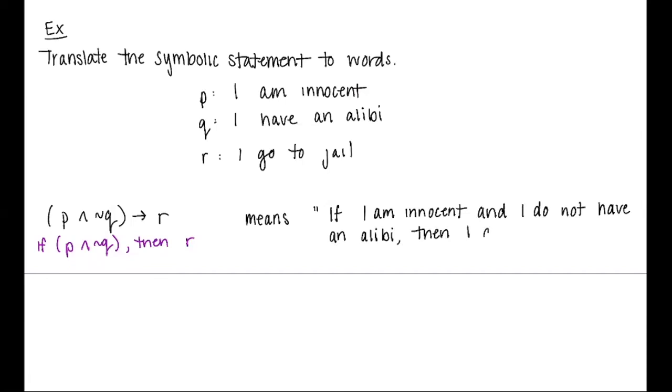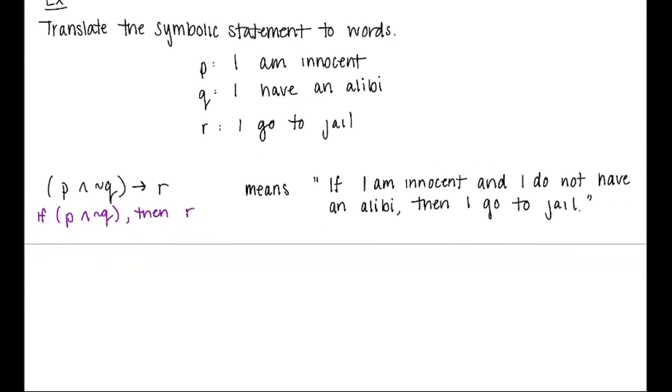So then I go to jail. Okay. So this idea of working in parentheses first is going to be important when we get to truth tables. Things in parentheses happen in order, just like our order of operations.